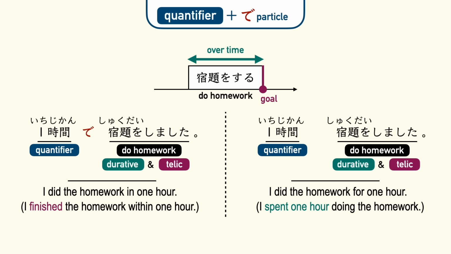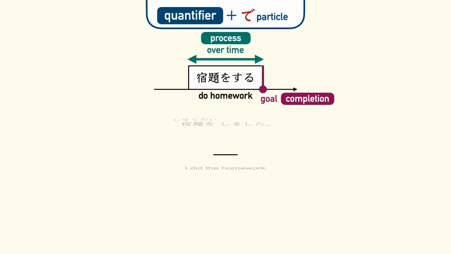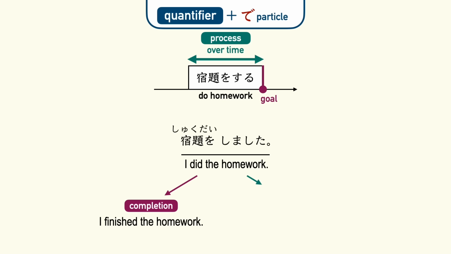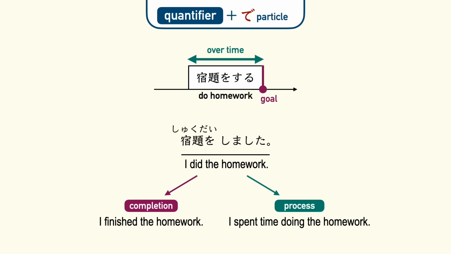When we use these durative and telic verbs, depending on the context, the emphasis can be either on the process of the action or on the completion of the action. For example, when someone just says, 宿題をしました, I did my homework, this could mean they finished all of it. Or they just spent time doing homework, but didn't finish, right?